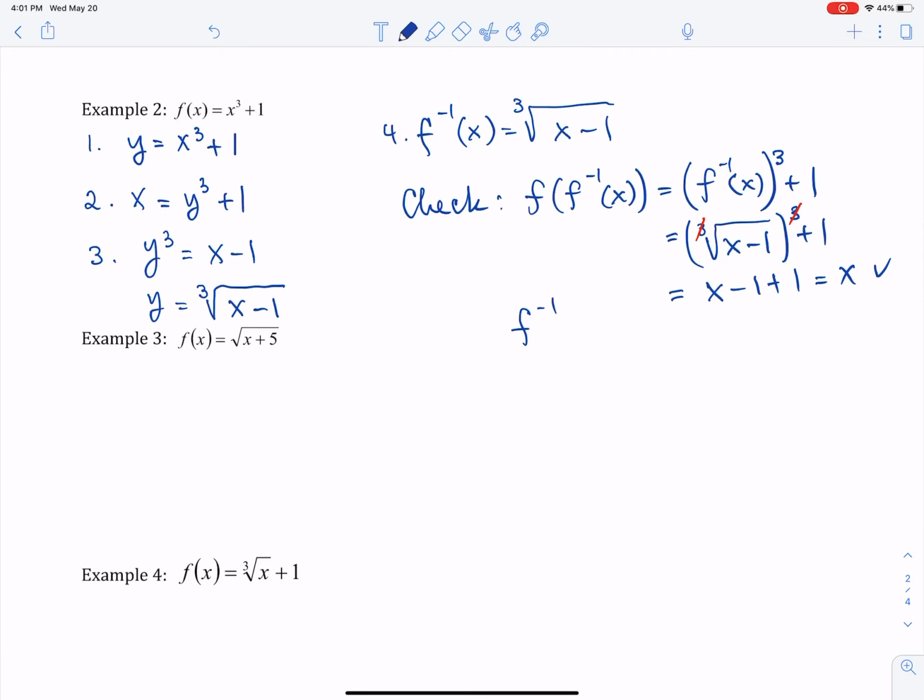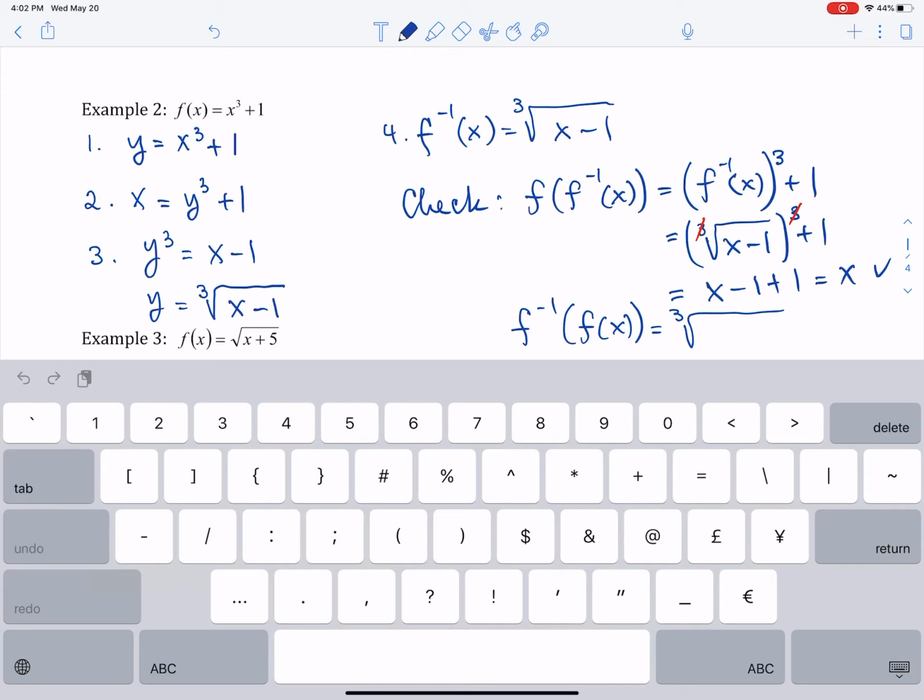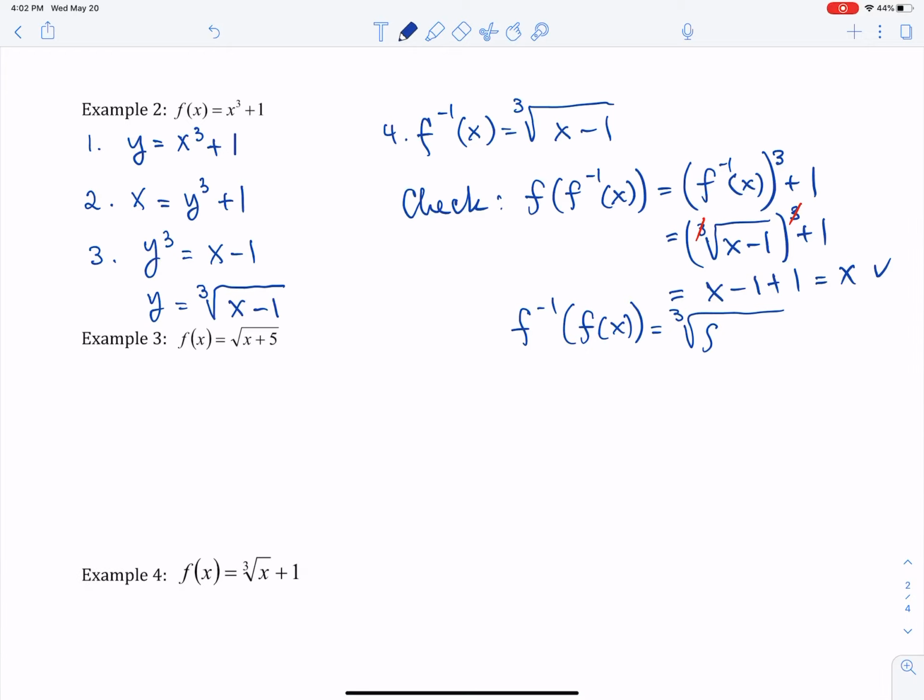Inverse f of x, is it equal to x? And the inverse function is cubed root of x minus 1, so I'm going to put f of x minus 1. That is cubed root of f of x minus 1. f of x is x cubed plus 1, and there is that extra minus 1 here.